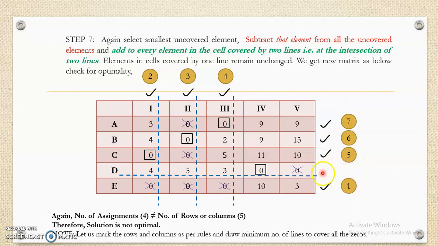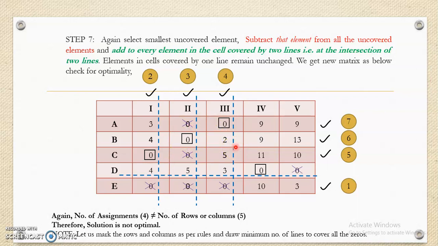Now once it is done, consider unmarked rows and marked columns, draw the lines, select the smallest uncovered element, add it at intersections, and subtract it from uncovered values. The values which are covered don't get changed, they remain the same.